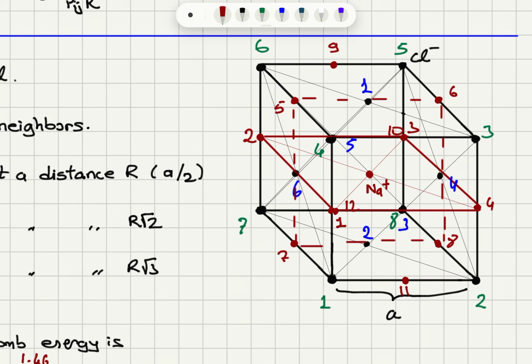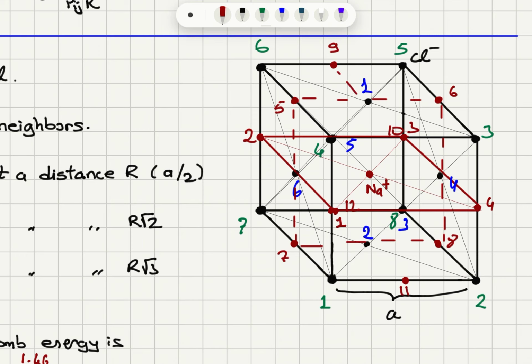That's the middle plane of this cube. And then I have 5, 6, 7, 8. That is another middle plane. And then I have 9, 10, 11, 12. And those are basically the ones that are at a different plane. So that would be this plane here.